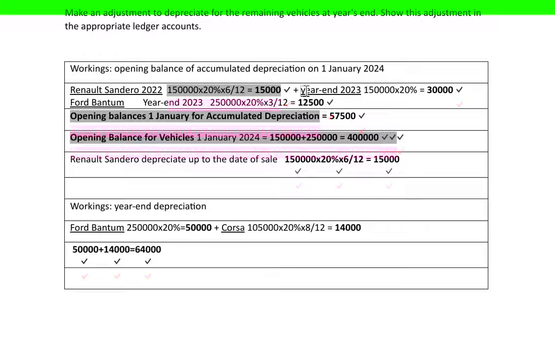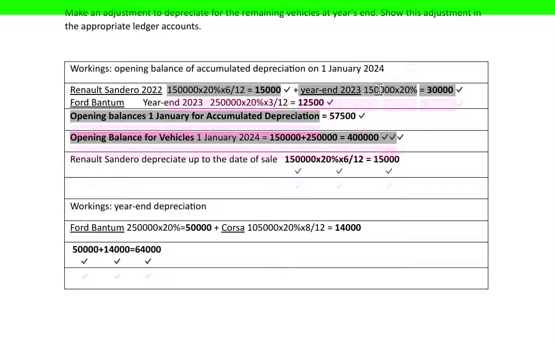Then at the end of year 2, this is on the straight line method, all we do is we say the historical cost price of 150,000 times 20% is equal to 30,000.